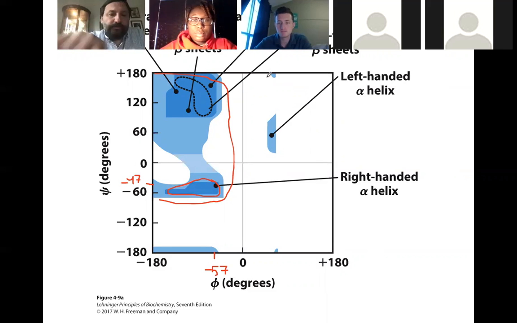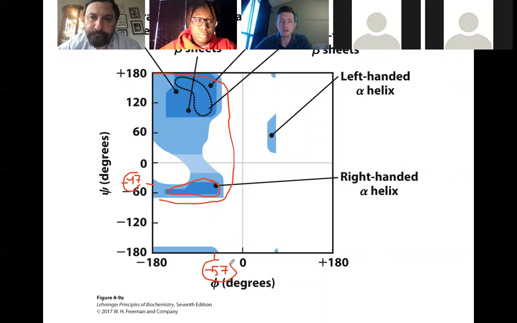No, it will be drawn for you. So I will not want you to memorize 47 and 50. Oh no, I meant we would have this, and we would say -60, -57. Yeah. Okay, but we need to know the right-handed helix is in this region, and anti-parallel and parallel are in this region, right? Yeah, I don't think there's so much. You just roughly need to know where the right-handed helix is and where the beta sheets are. Yeah, they're up there.